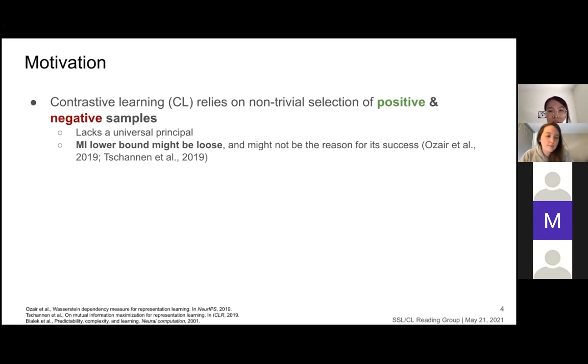There are also studies that have shown that the MI lower bound might be loose in these contrastive learning frameworks, and it might not be the only reason for their success. So how you choose the positive versus negative samples is very important for the success of the contrastive learning framework. If you recall from the SimCLR paper, they showed that a certain combination of data augmentations performs much better compared to other combinations.